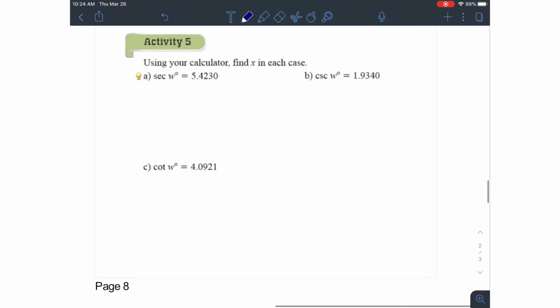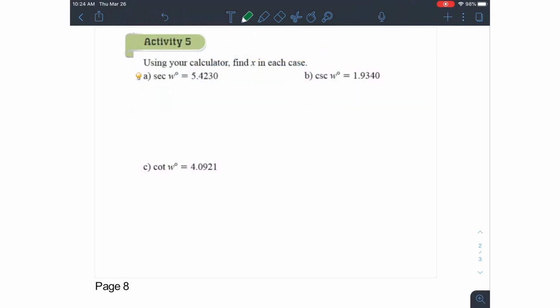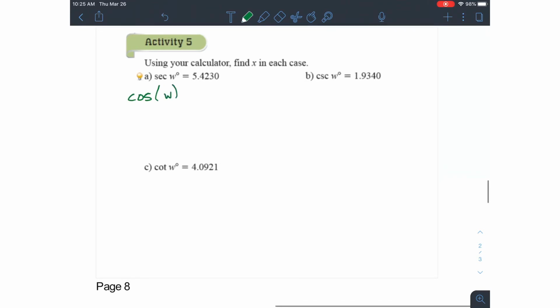So go ahead then, try to solve these on your own, pause the video. When you are done, then I will come back and I will show you how to solve them. Okay, now that you have done these, all of these we need to turn into their reciprocals first. So the first one, part A, secant, we know is going to be 1 over cosine, so I'm going to skip that step, and I'm just going to go straight into cosine of w equals, and that's going to be 1 over 5.4230.